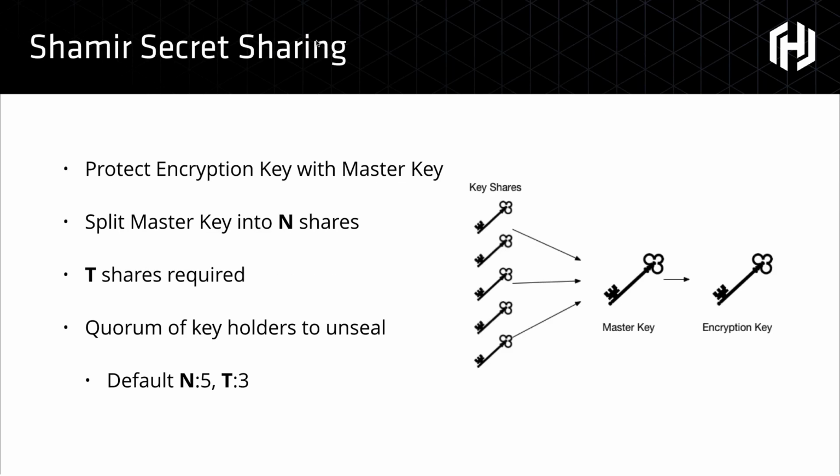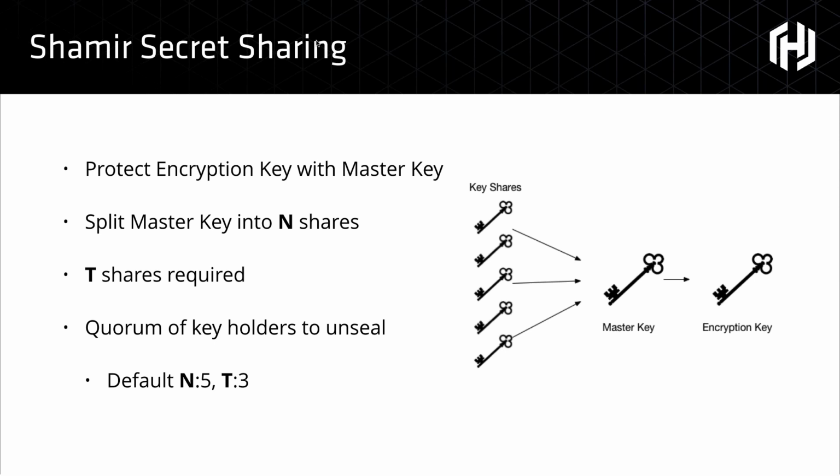How this actually works is there is the encryption key, which protects data at rest. There is the master key, which itself protects the encryption key. And then this master key gets split into n different pieces. So we have n different shares, t of which are required to recombine into that master key. The default is that we'll generate 5 shares, 3 of which are required to recombine into the master key.